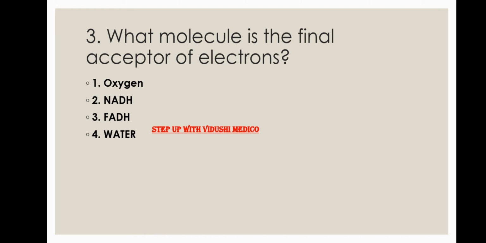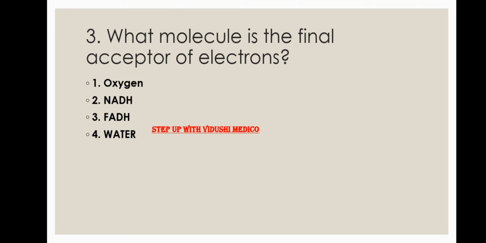Now let's move on to question number 3. What molecule is the final acceptor of electrons? Option 1 oxygen, option 2 NADH, option 3 FADH, option 4 water. I am again giving you 30 seconds to think the answer. I have already discussed this question very nicely.